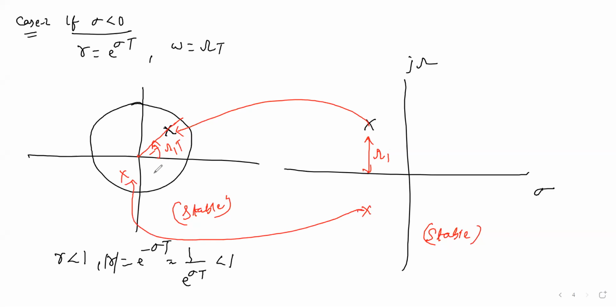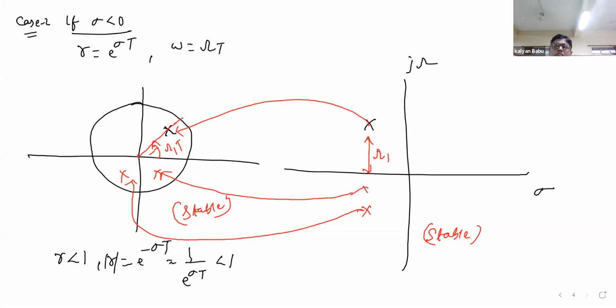So poles on the left hand side of the S plane map to poles inside the unit circle. So a stable system in the analog domain maps to a stable system in the digital domain.